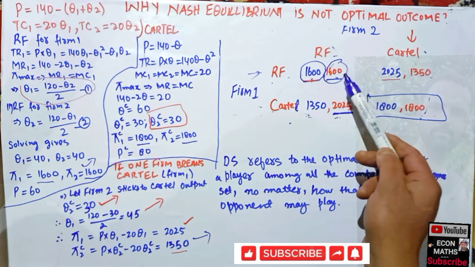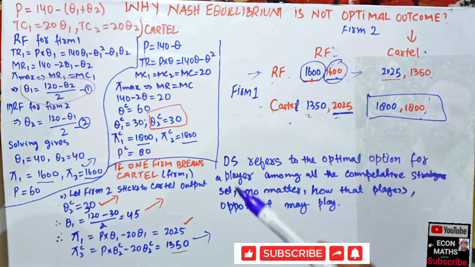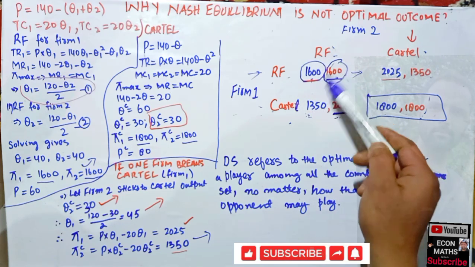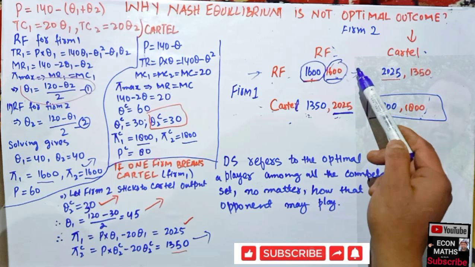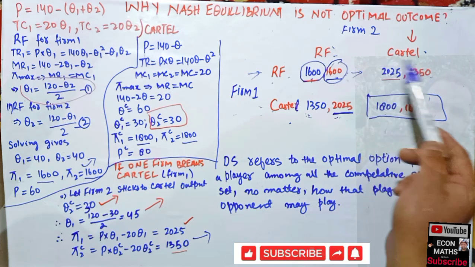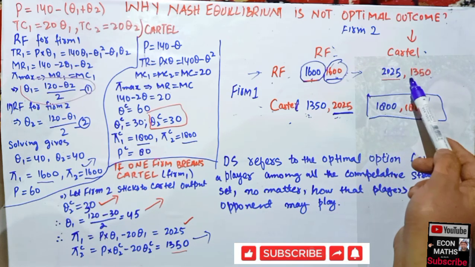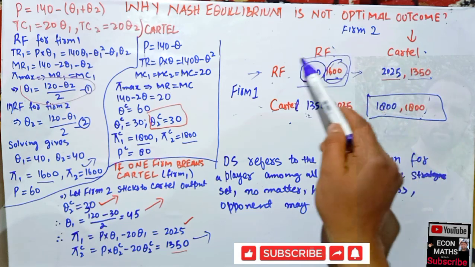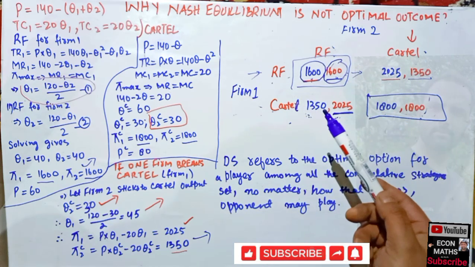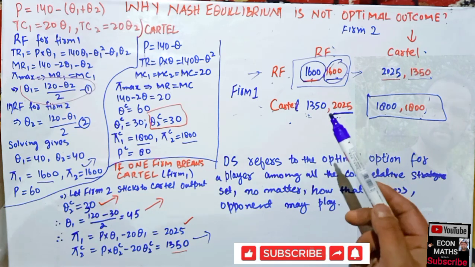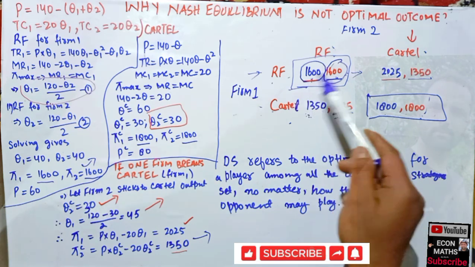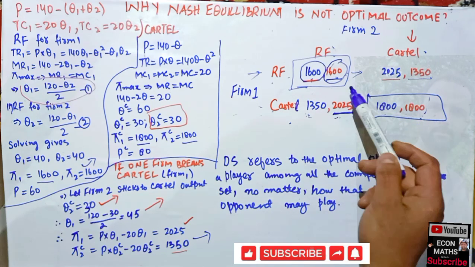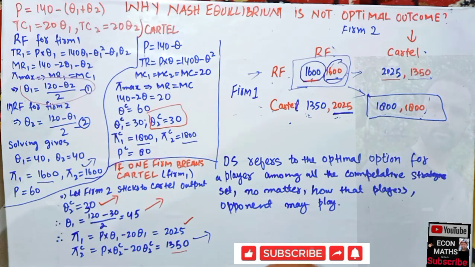Similarly, if firm 2 deviates from this dominant strategy, this Nash equilibrium outcome, and produces according to the Cartel, she gets worse off, as we have seen. That is why this Nash equilibrium is also the dominant strategy; a dominant strategy always gives us the Nash equilibrium. 1800 can be the Pareto improvement.